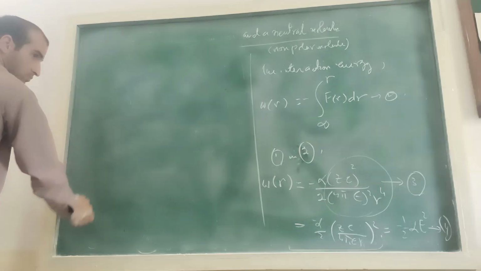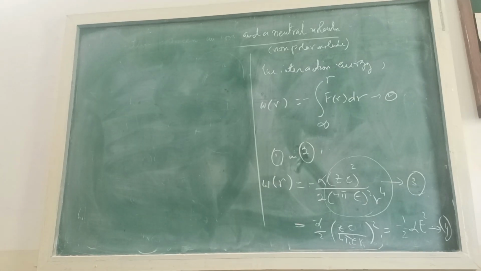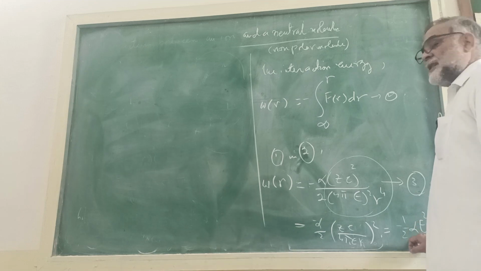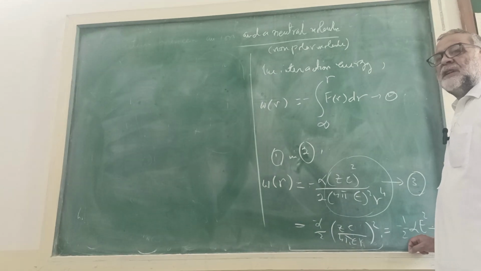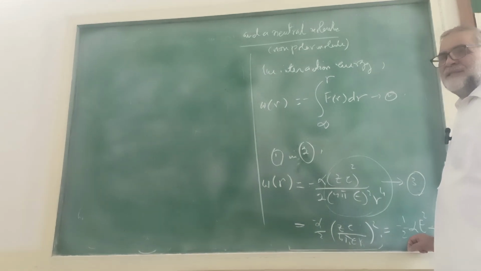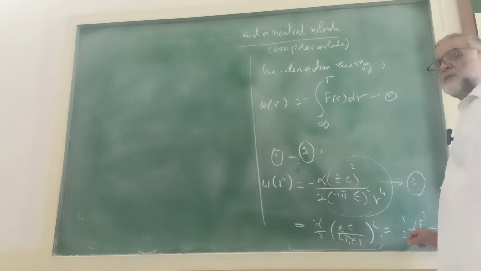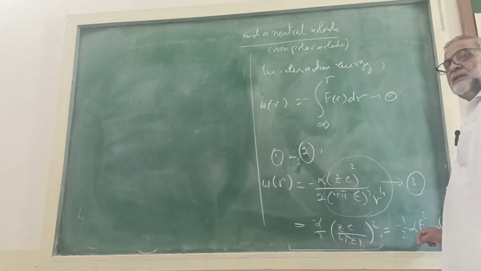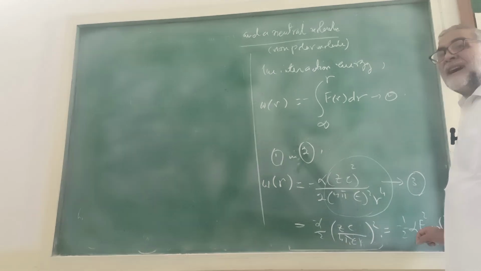In terms of electric field, alpha is the polarizability of the molecule, and E is the electric field of the ion.